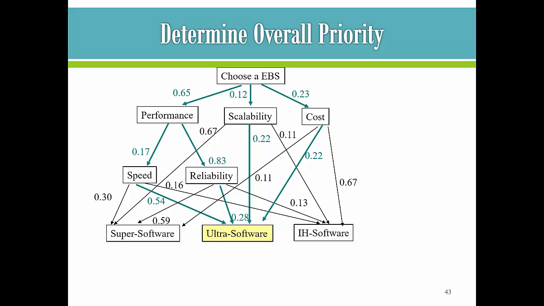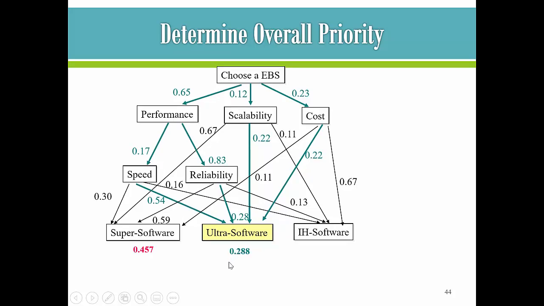And we can observe that the number of sets of multiplied numbers should be equal to 4 because there are 4 arrows pointing to this ultra software. Following this mechanism, we obtain the priority of 0.2xx for the ultra software and 0.255 for the in-house software.